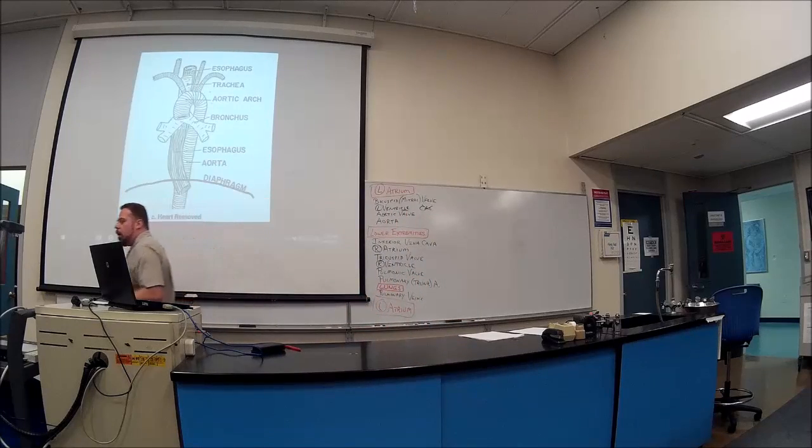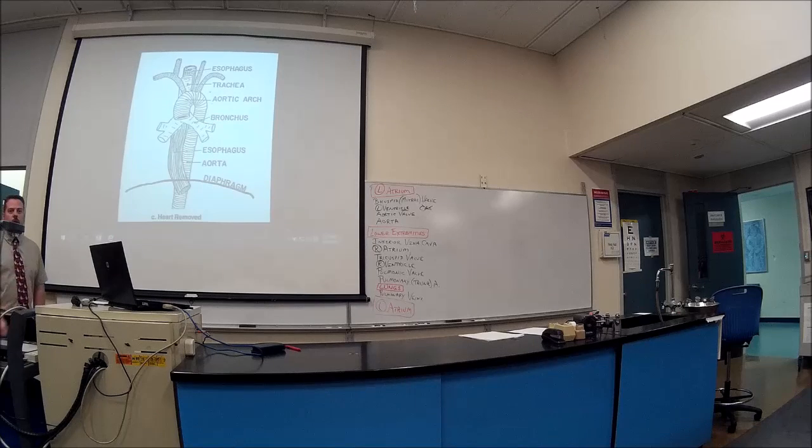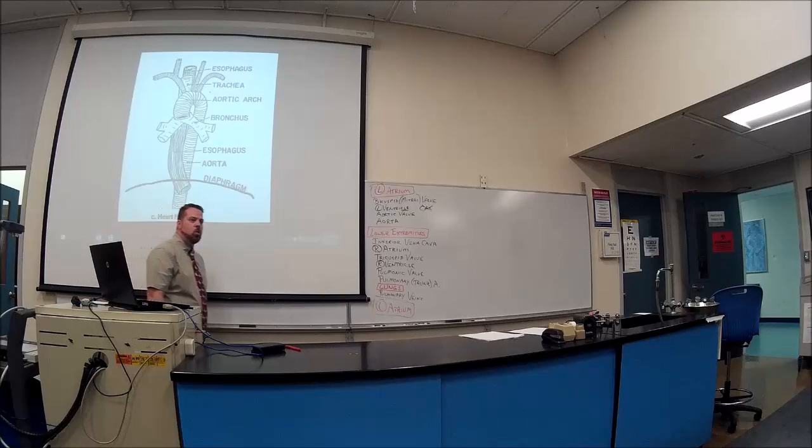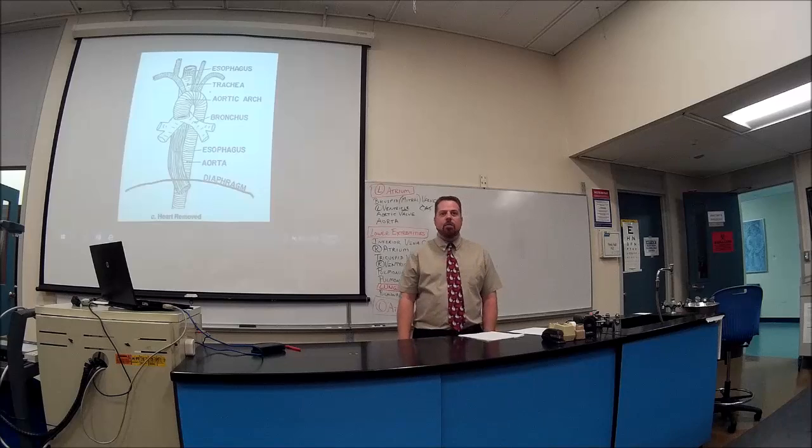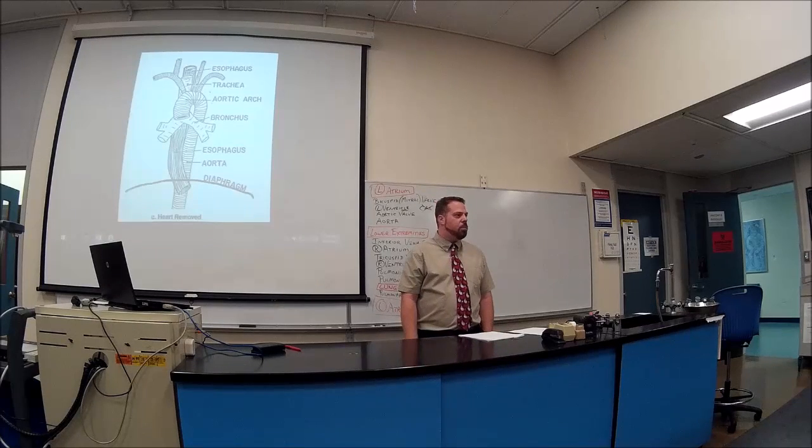So if you're in radiography and someone says, well, we got to rule out a mediastinal mass, you're not just thinking heart, you're thinking of a mass that could be coming from the trachea, or the bronchus, or the esophagus. So that's what the mediastinum is. It's an area of space. Basically, it's the thoracic cavity where the lungs are not occupying. Okay?